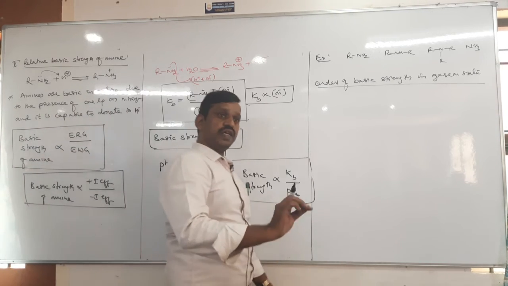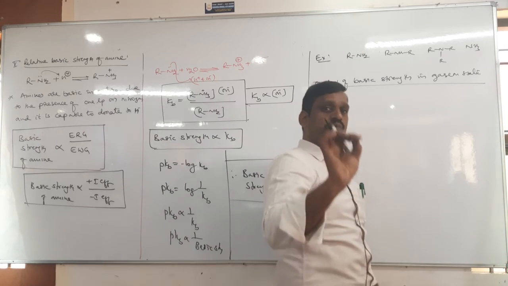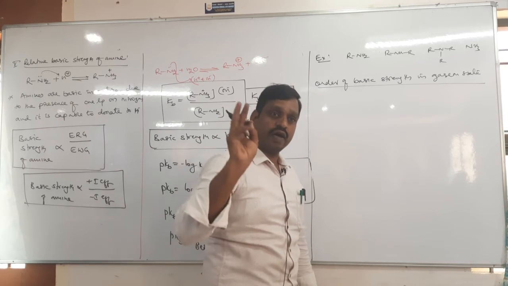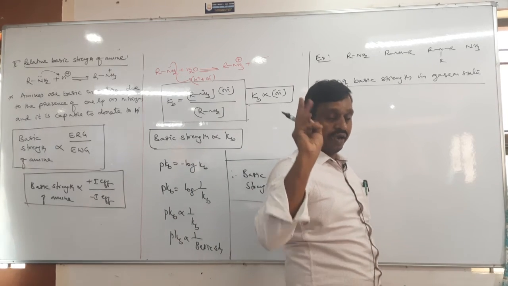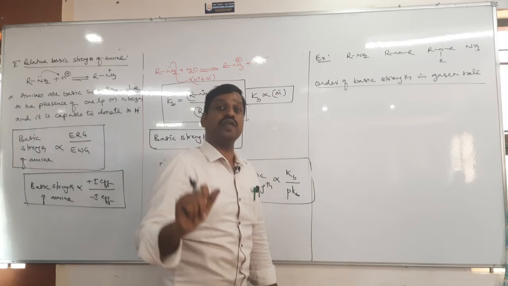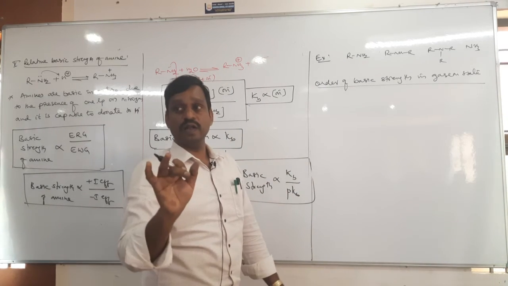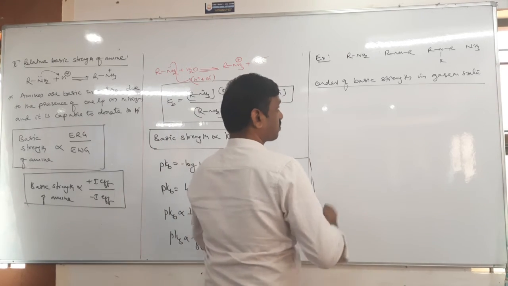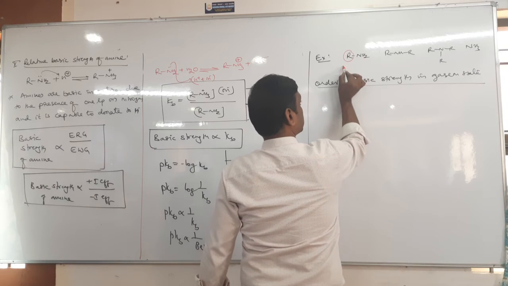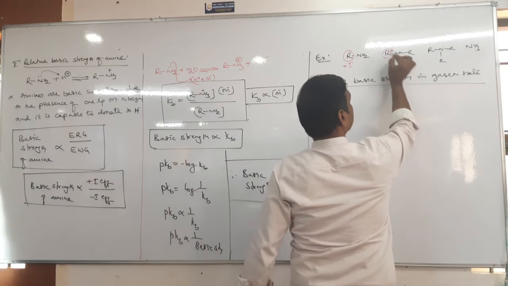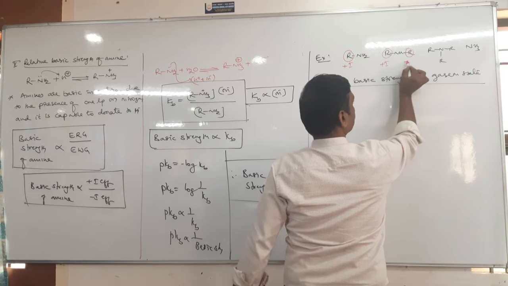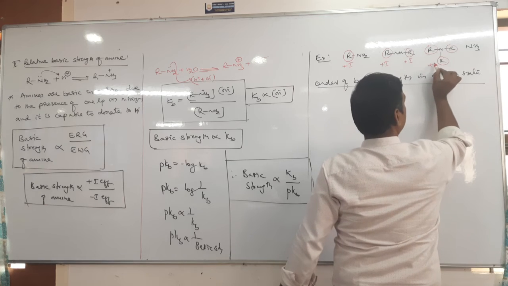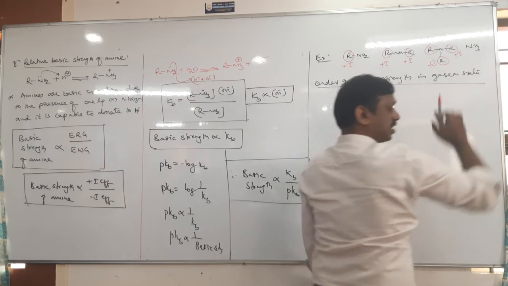In the gaseous state, it does not depend on hydration energy and hydrogen bonding, and it does not depend on steric hindrance. So these are all negligible. When all these three conditions are negligible, what is the order of basic strength? It depends only on the plus I effect. One plus I group here, 2 plus I groups here, 3 plus I groups here, and no plus I group here.